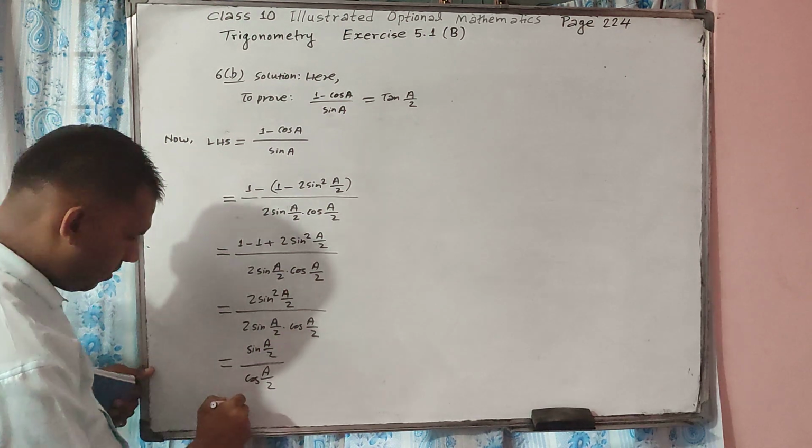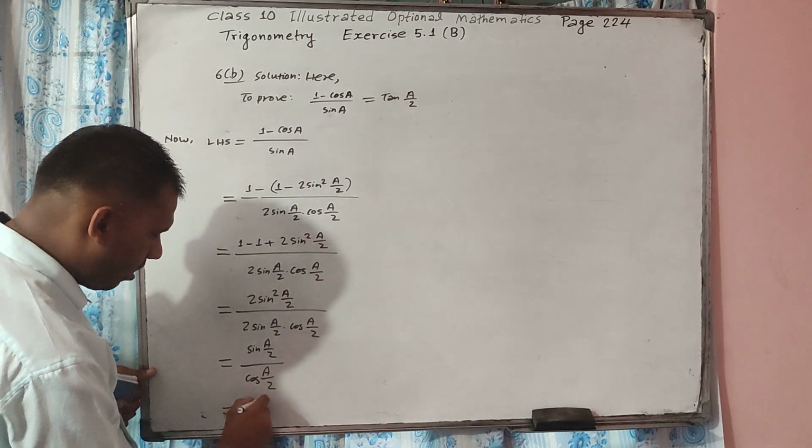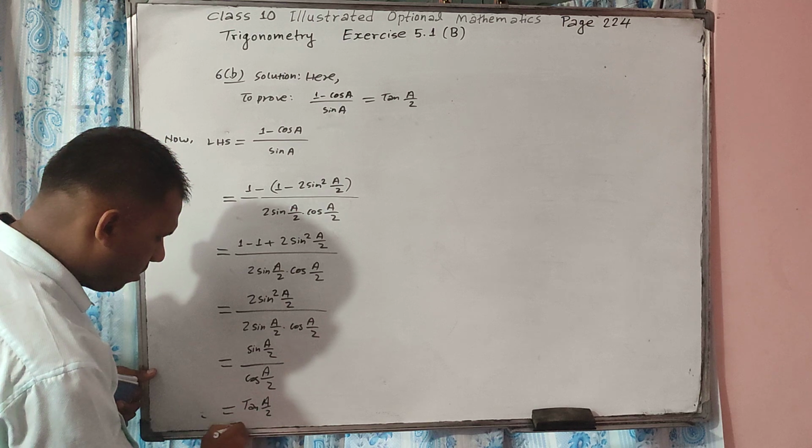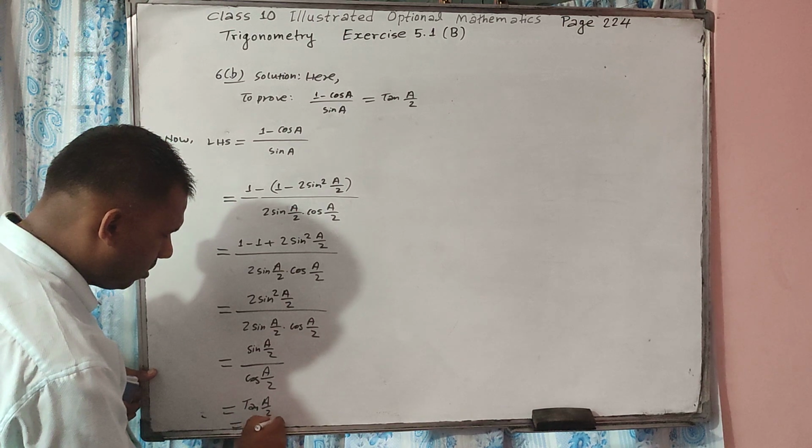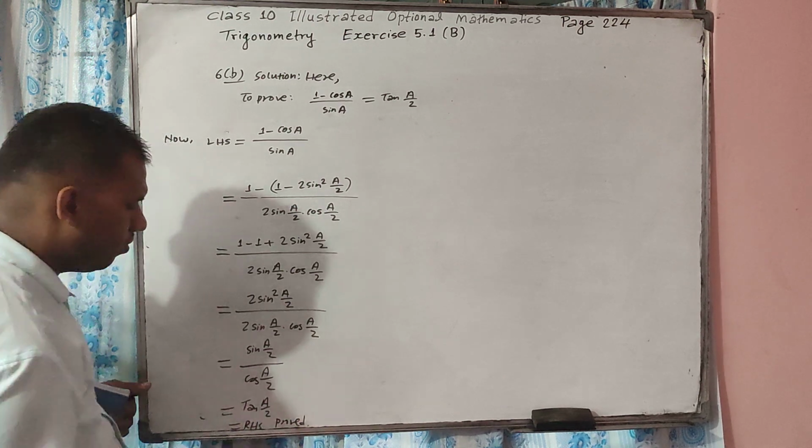Sin by cos, that is tan A/2, equal to RHS. So proved.